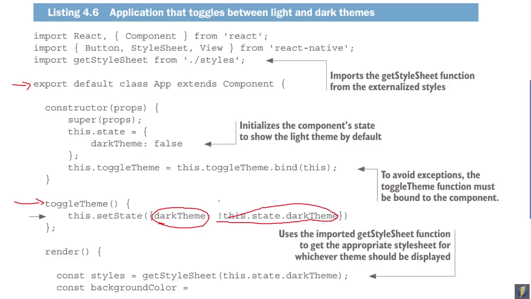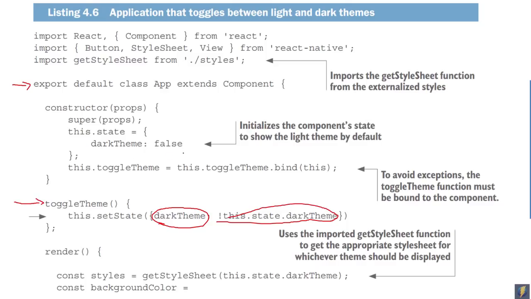If the previous value is true, not true means false. If the previous value is false, then not false means true. This function will change the darkTheme variable value.